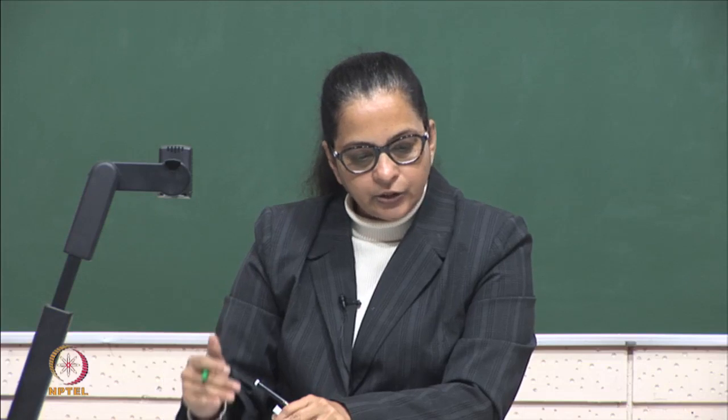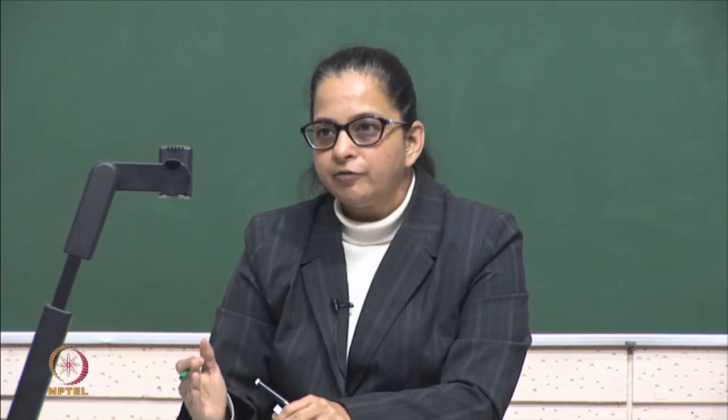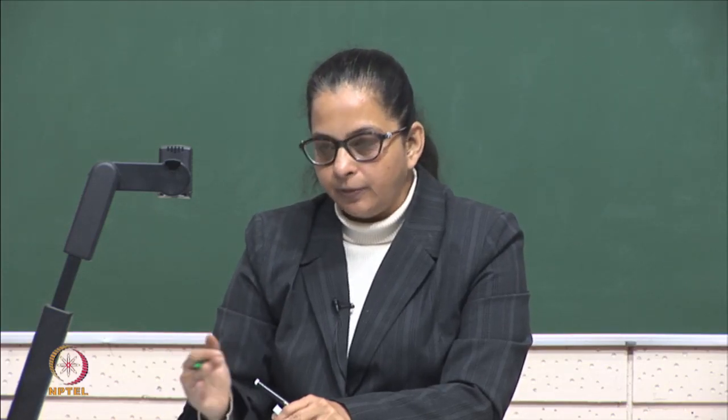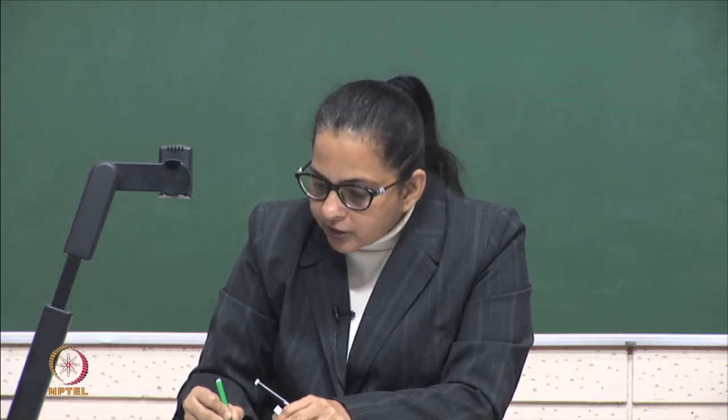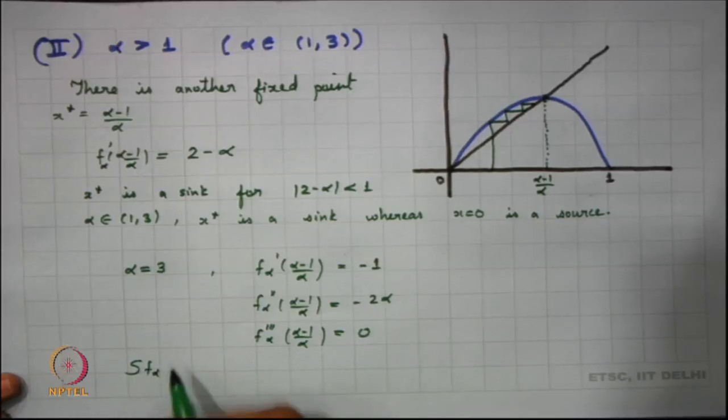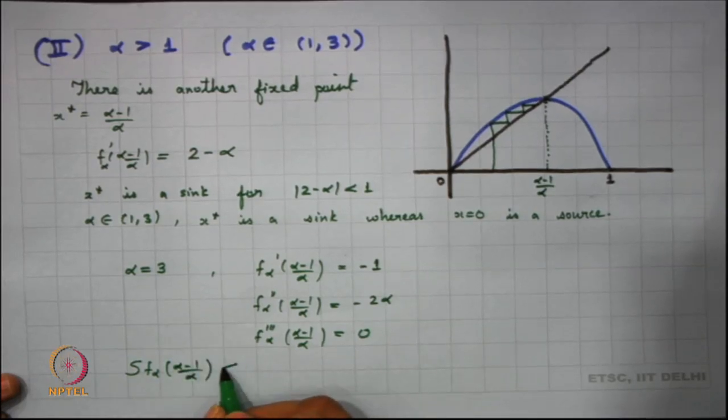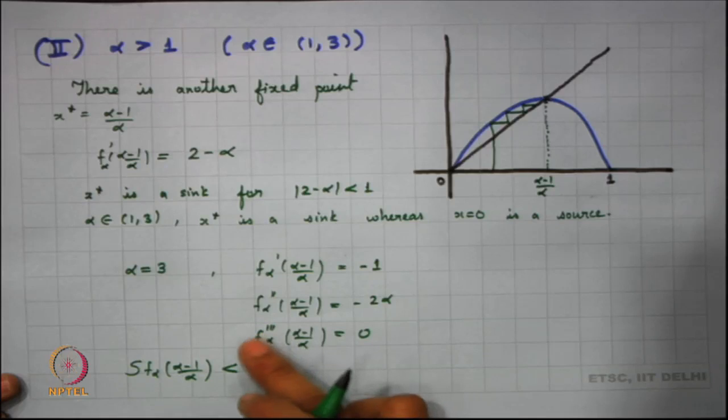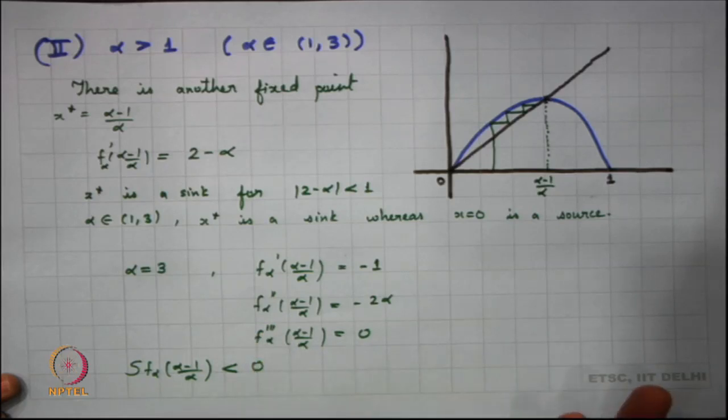So, we now need to look into the Schwarzian derivative of f alpha at this particular point, and we find that this Schwarzian derivative of f alpha at this particular point alpha minus 1 by alpha is less than 0, because this term is missing. So, this Schwarzian derivative is less than 0.